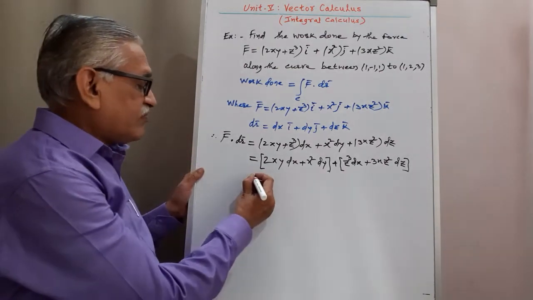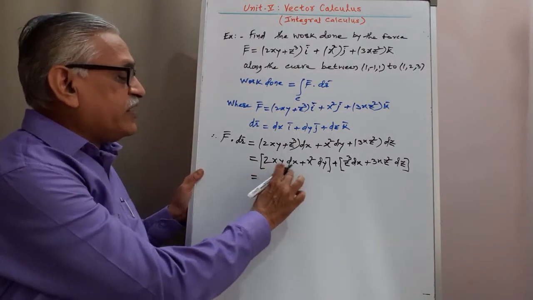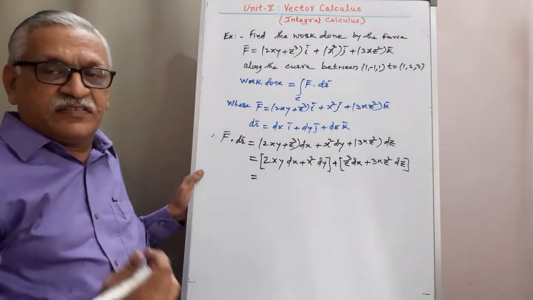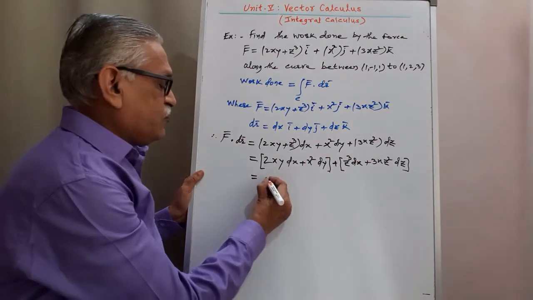This 2xy dx plus x square dy is the total derivative of the product of two terms.